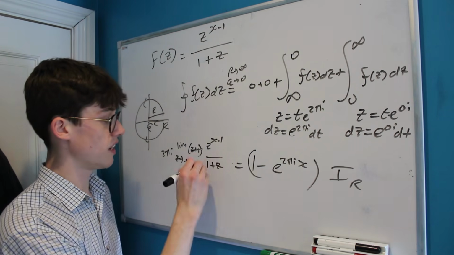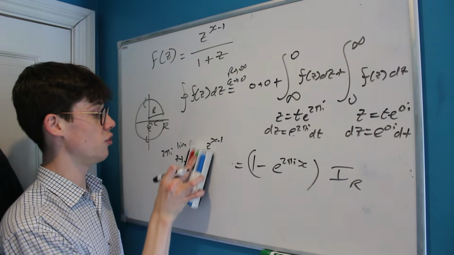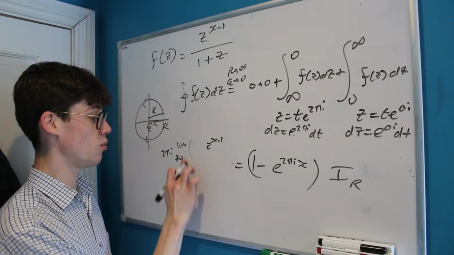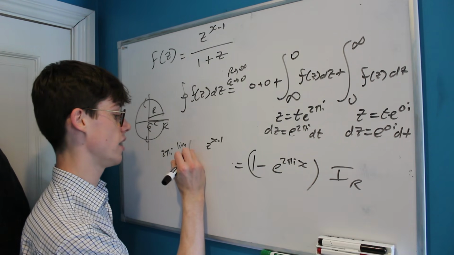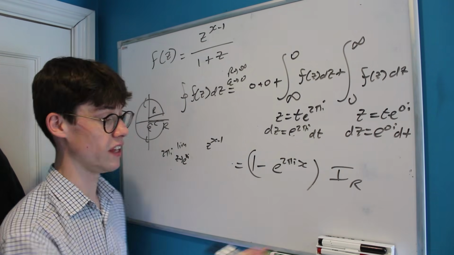Now, of course, we see nice cancellation here. That's kind of the point of what we're doing. And actually, what I'm going to do is observe that -1 is the same as e to the pi i. And so we're just taking the limit as z approaches e to the pi i of z to the x minus 1.